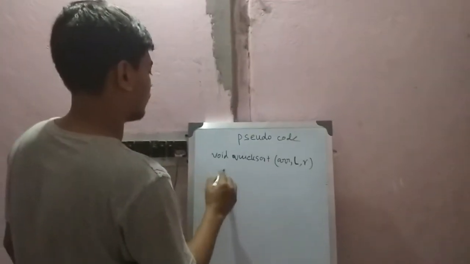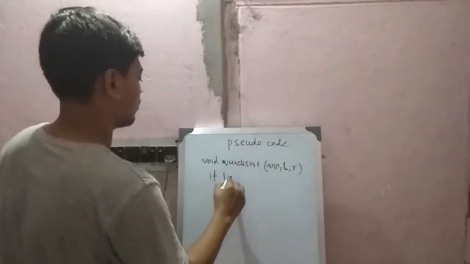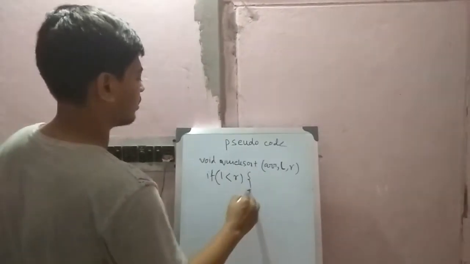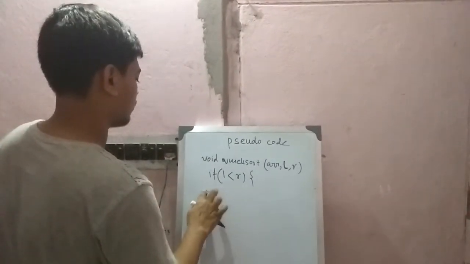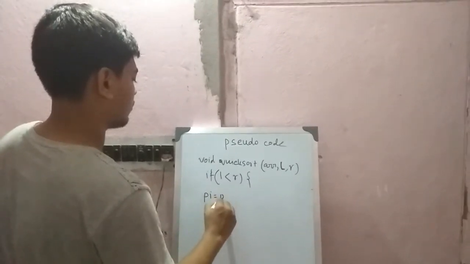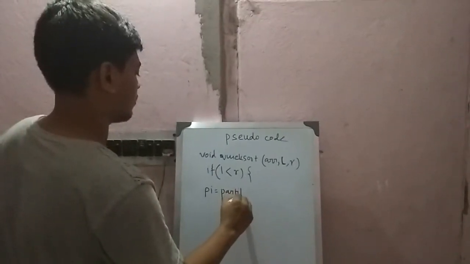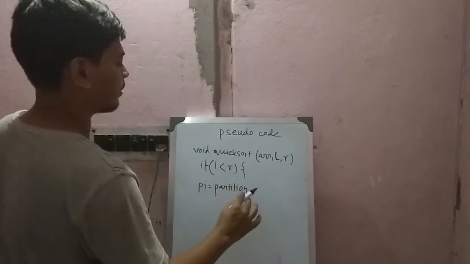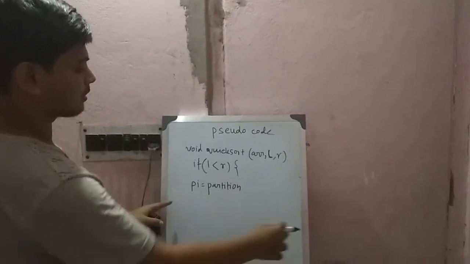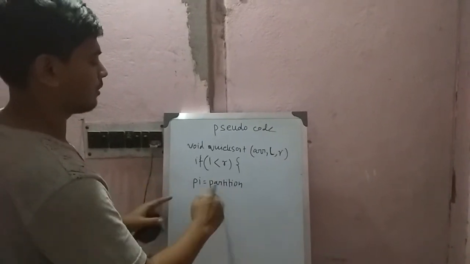If leftmost is less than rightmost, then this is a partition function. I will discuss how partition works. That's how you compare the left pointer moving forward, then the right, compare these two, swap. This is the partition function.